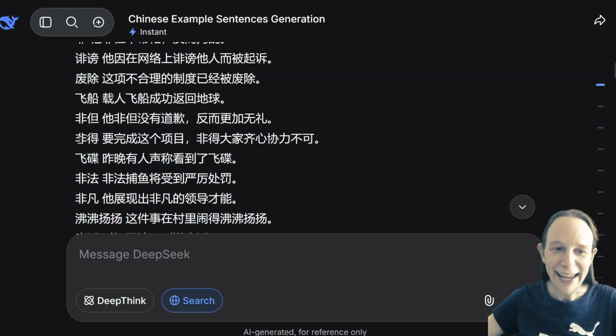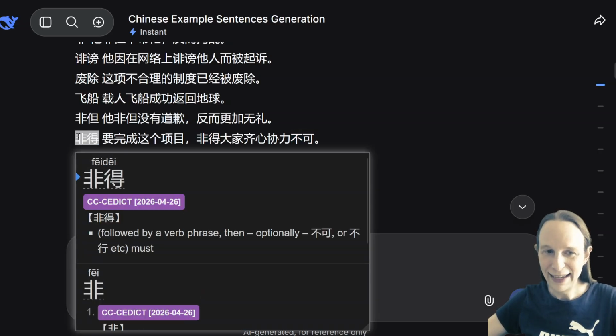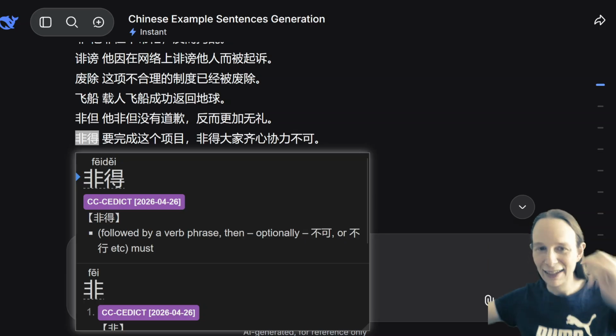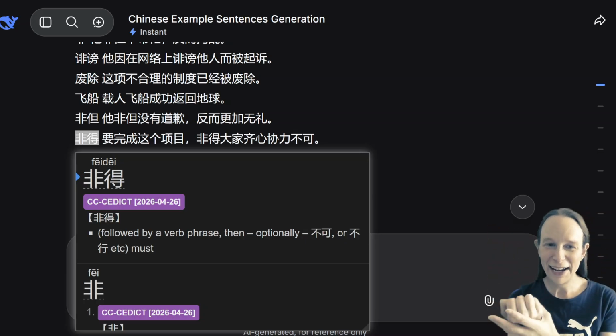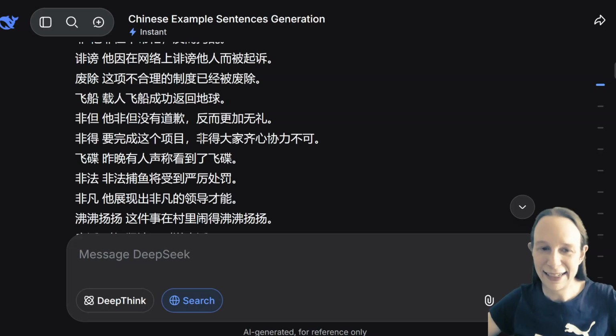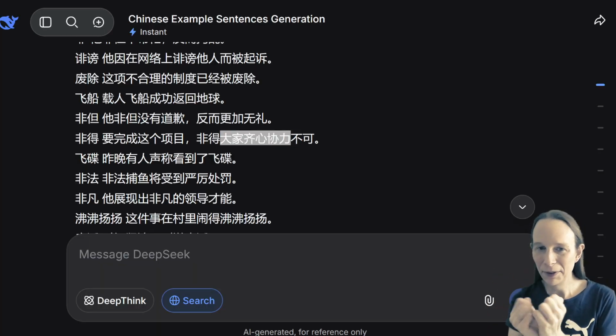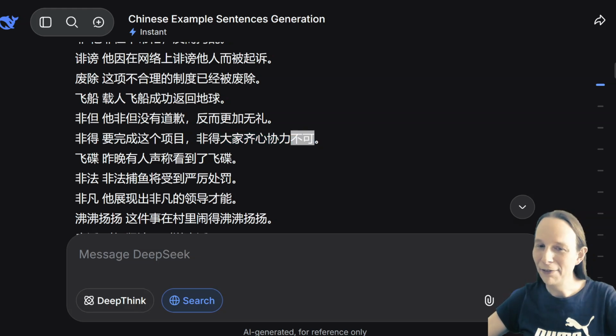All right. 非得. Yeah, 非得 XX 不可 or 非要 XX 不可. It means you can't not do it. And sometimes you can omit the 不可, so it means you must do it. Yeah, so 得 means you must do something. And 非得 also kind of means you must do it. But it's meant to be like a double negative. So 非得 blah blah blah 不可 means not doing this is impermissible. But sometimes people leave off the 不可 part.